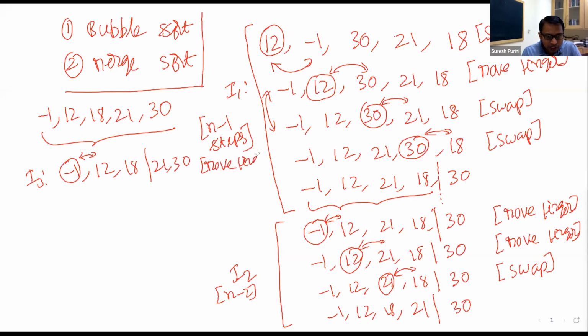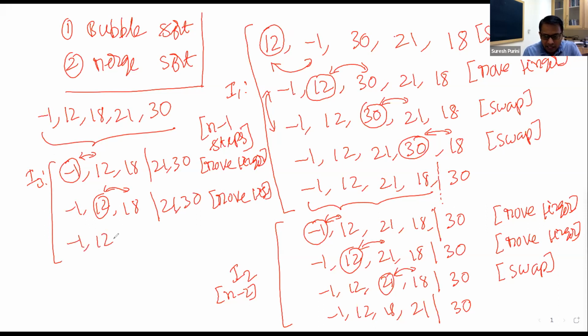We don't do anything. Then we compare 12 with 18. 12 is less than 18, so you don't need to do anything, you just move your finger. N is the size, the number of elements in the list. Okay, so that's all.